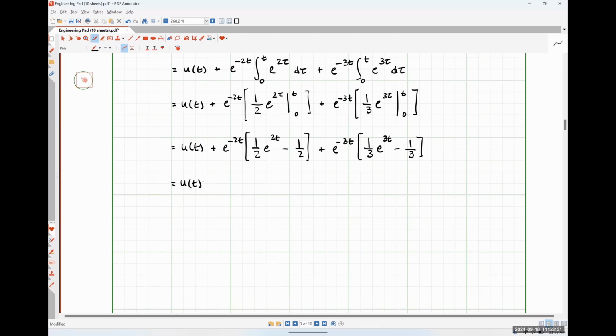So I've got my u of t. What is e to the negative 2t times 1/2 e to the positive 2t? Just 1/2. And then I should have minus 1/2 e to the negative 2t.